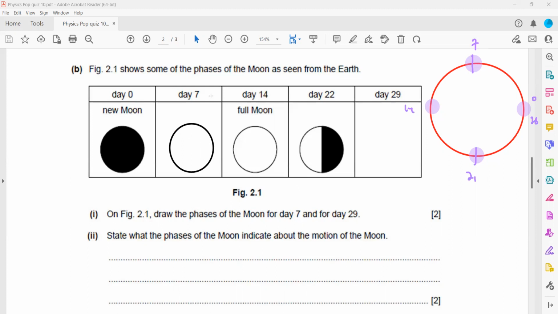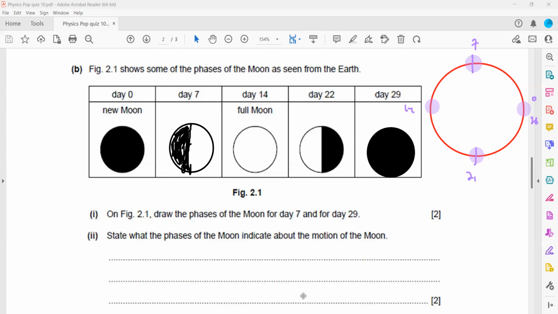After 7 days, the other part will be visible to us. Then at 14 days we'll have a full moon. Then we have a 3/4. And then after again 28 days, we will have a new moon. And new moon means we won't be able to see the moon, so it will be completely black.